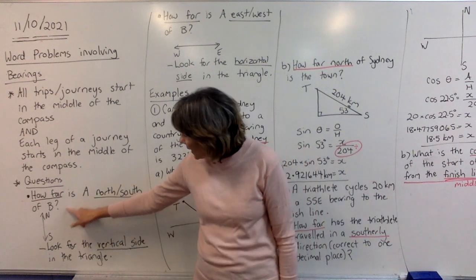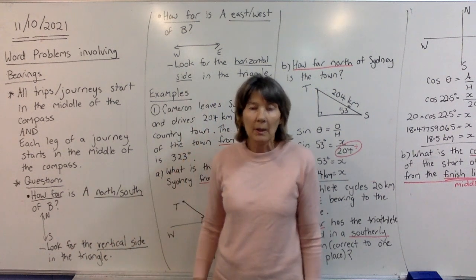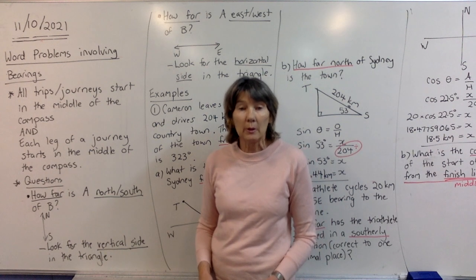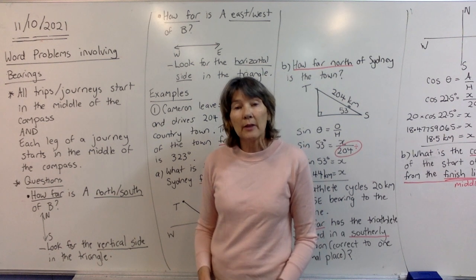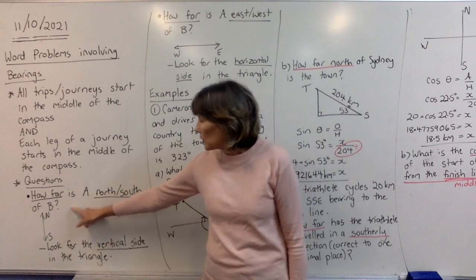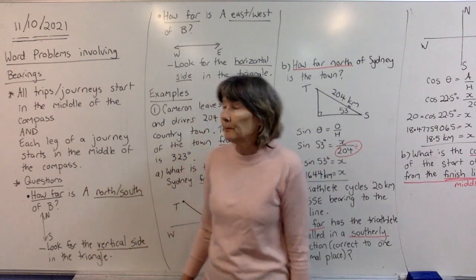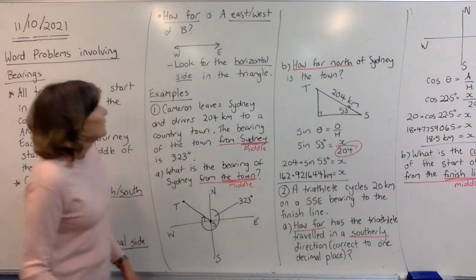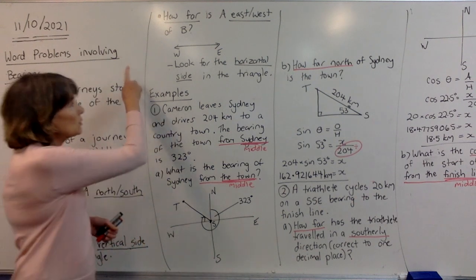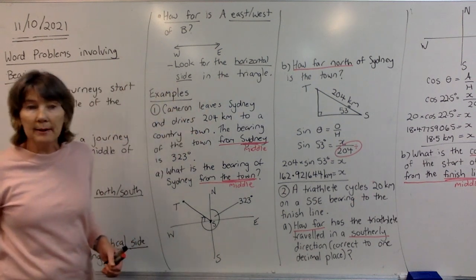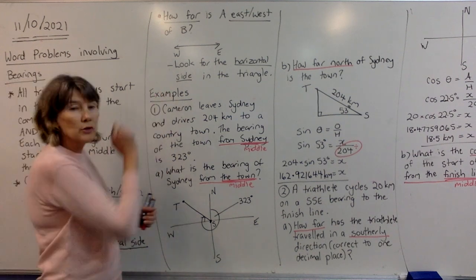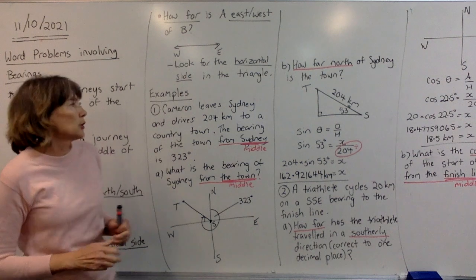Because the north-south line is a vertical line, once you've got your triangle drawn up, and for what we're doing at the moment they're all right-angled triangles, you're just looking for the vertical side in the triangle, because north-south is a vertical line. The same thing happens when we ask how far is something east or west of something else. East-west is a horizontal line, so once you're looking in your right-angled triangle, you will look for the horizontal side if they ask this question.